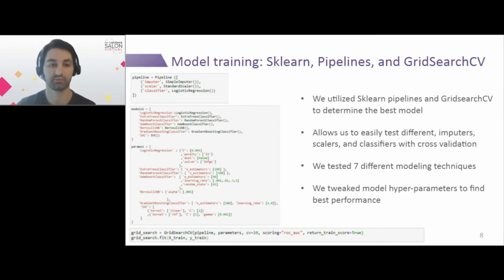If you're not familiar with those different stacks, I have some code provided on the left side. I'm very technical. I always like it when talks have code. But essentially, if you don't use pipelines in sklearn, I'd highly recommend it. You're able to do your imputation, your scaling, and your classifier all within a pipeline, so that when you go to train the model, there's easy repeatability in your experiments.